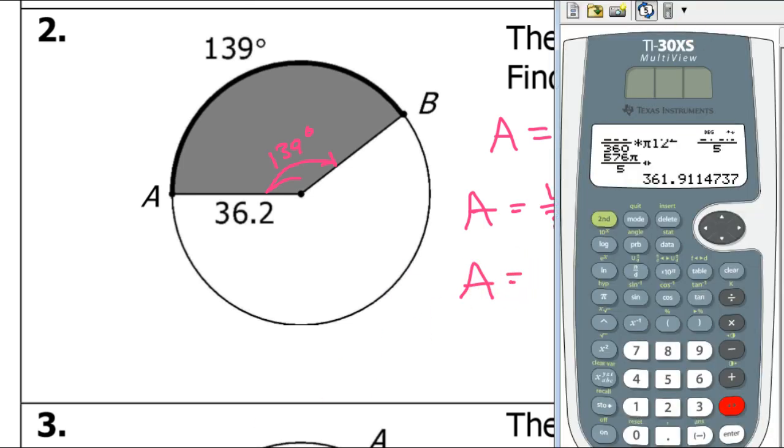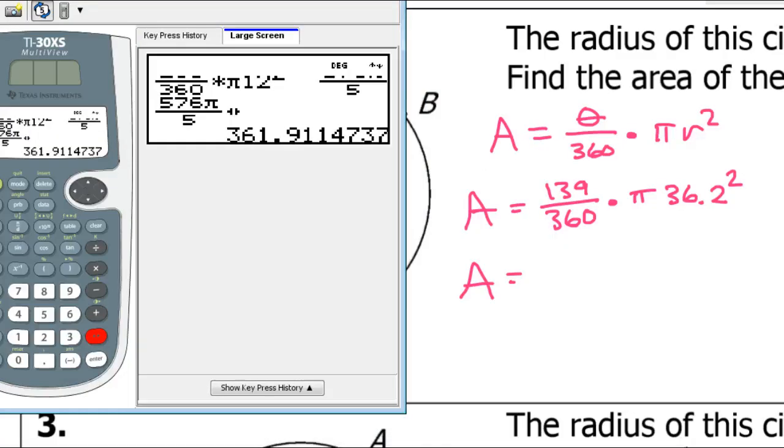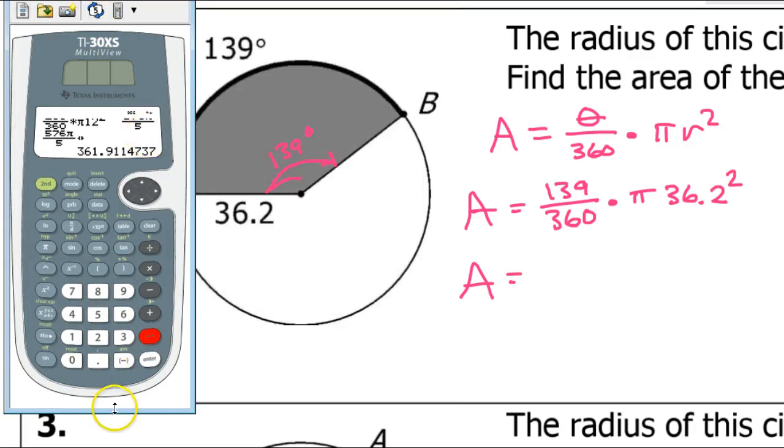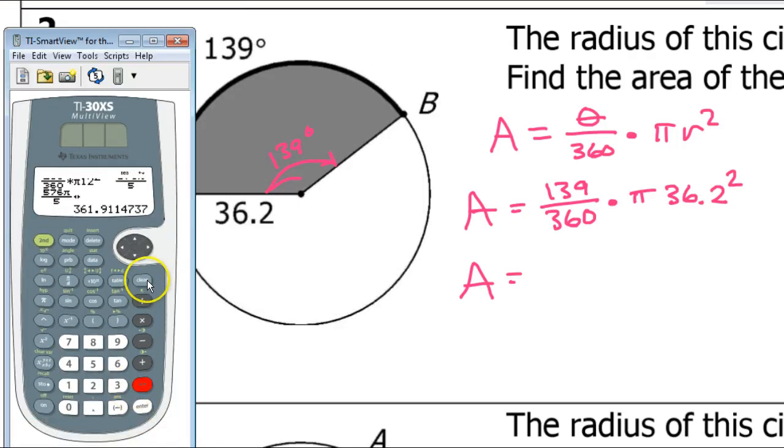So maybe I will throw my calculator over here. Let's see how it goes. So I need to do 139 out of 360, and this is going to be times pi 36.2 squared.